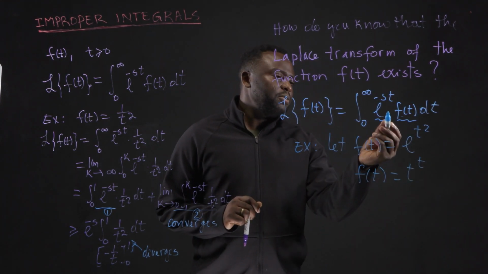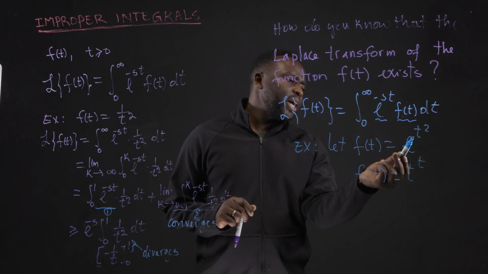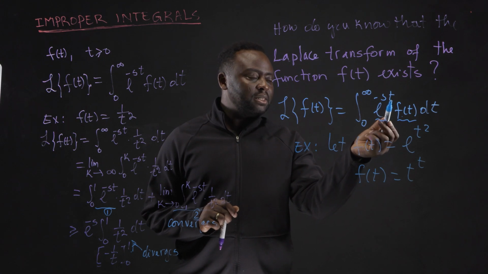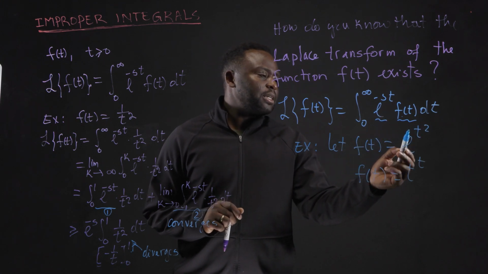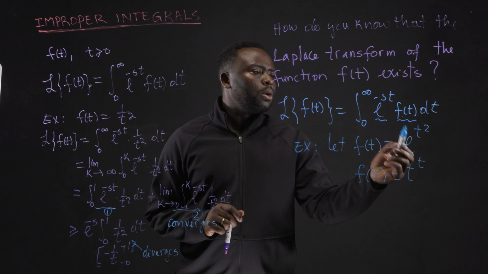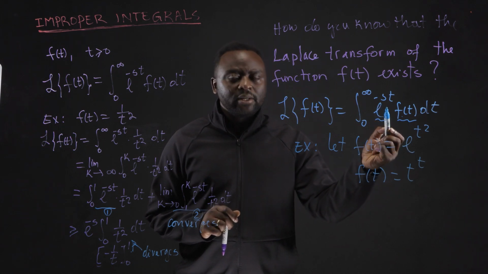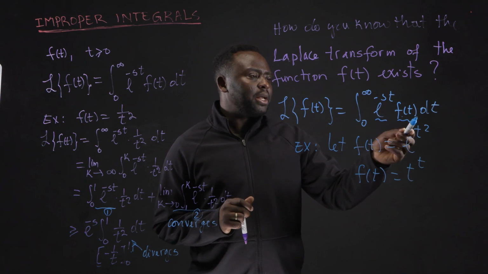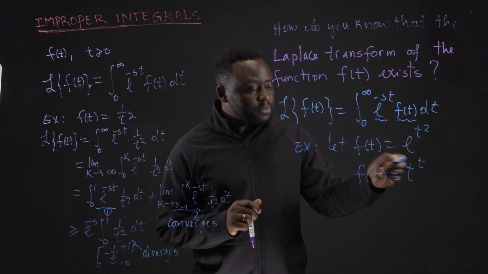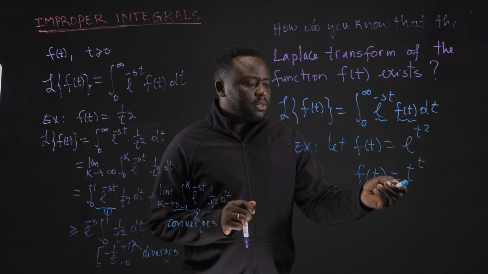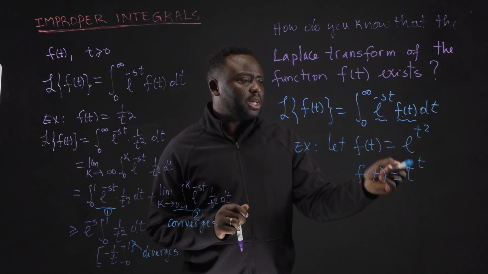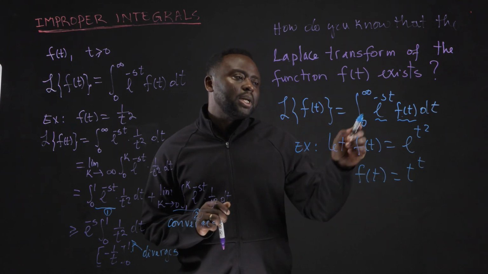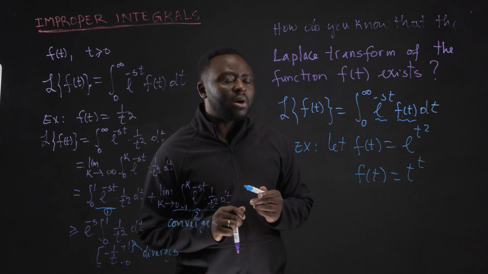Then, if s is positive, you compare the function e to the power t squared to the function e to the power minus st. You see that this function at some point grows quicker than e to the power minus st. And in that case, you won't be able to apply the Laplace transform on this function. Same for the other one. If you plot these two functions, you see that for s positive, this function grows quicker at some point than the function e to the power minus st.